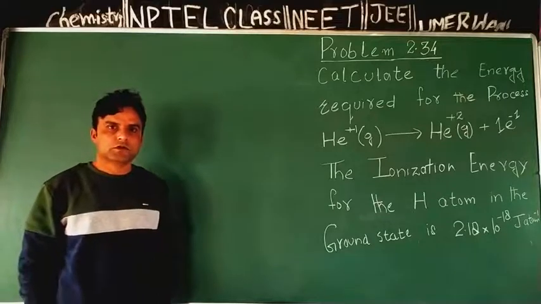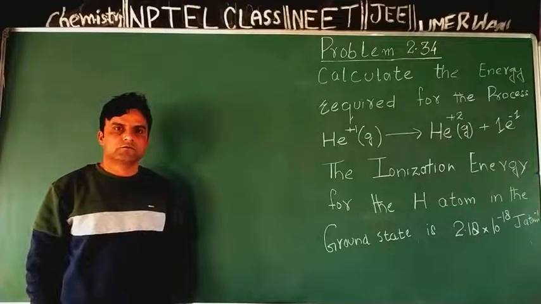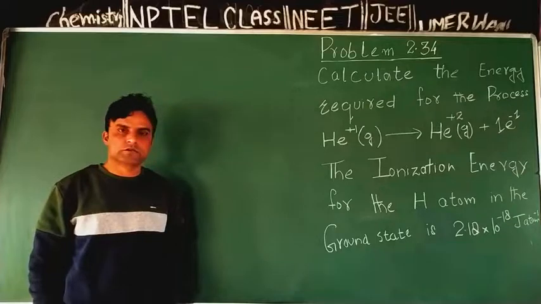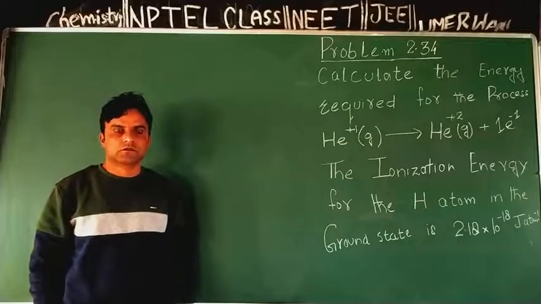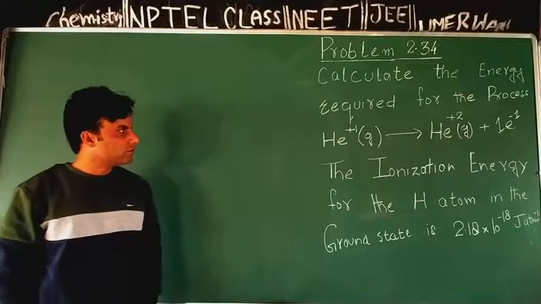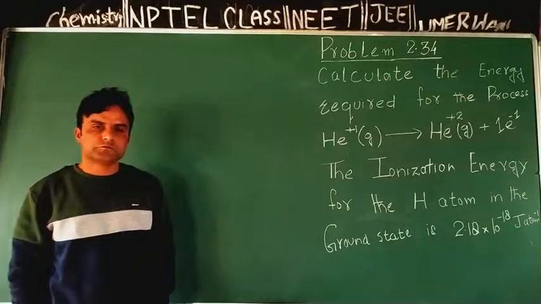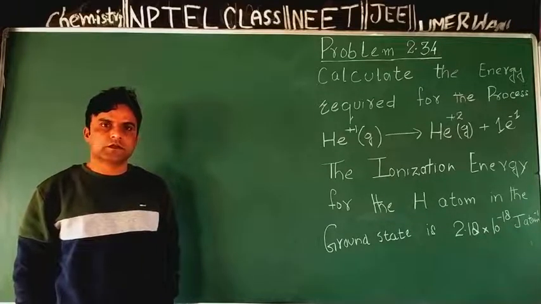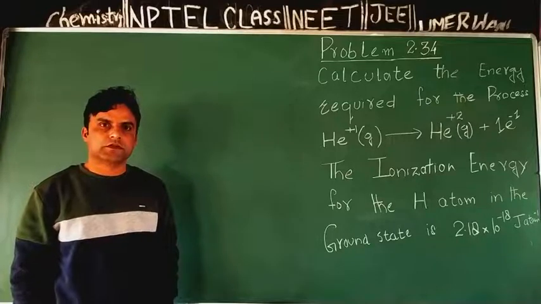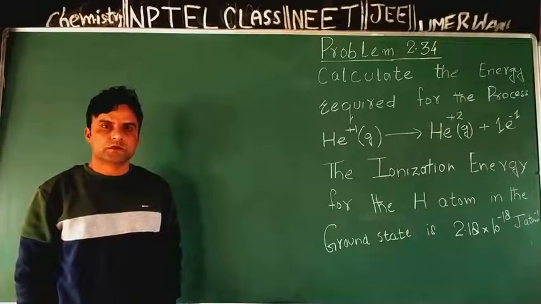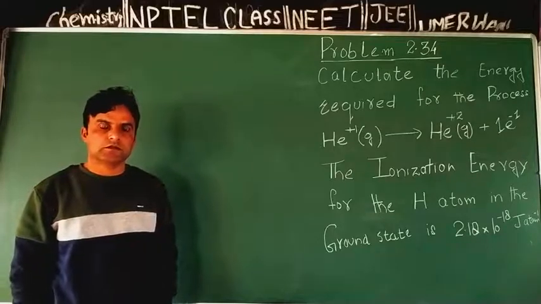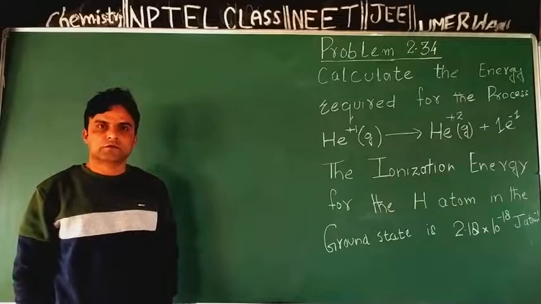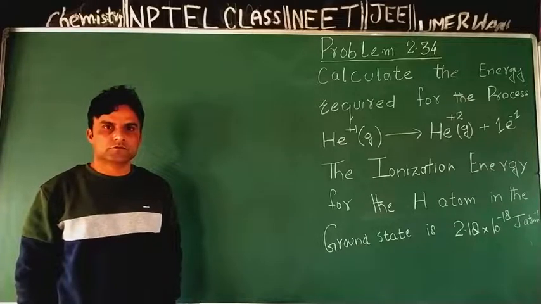In Bohr's model of hydrogen atom, when we do calculations to determine the energy of an electron in orbit, we find that the expression for energy of an electron is minus 2.18 into 10 raised power minus 18 Z square by n square in joules.